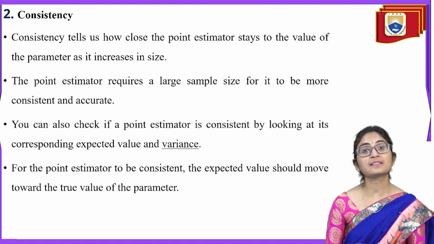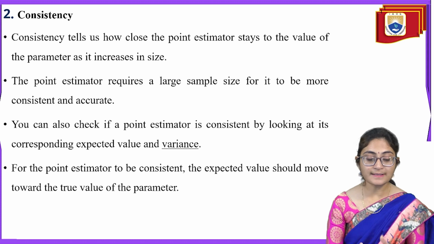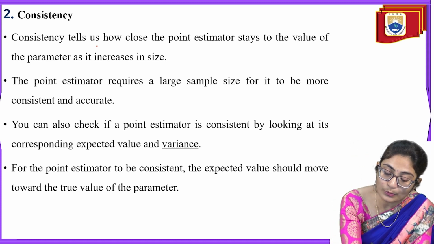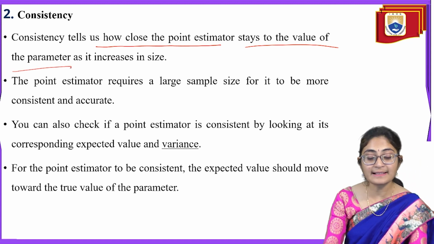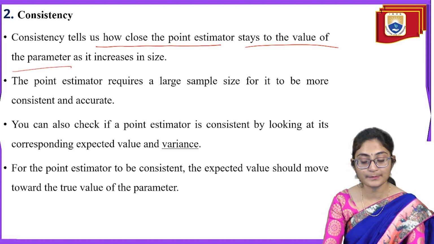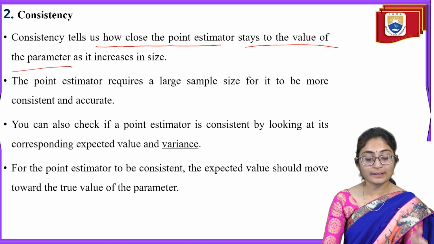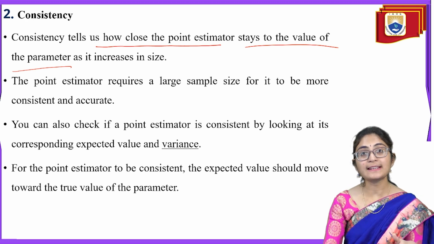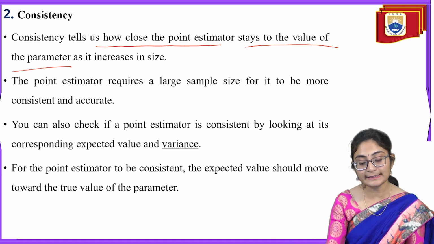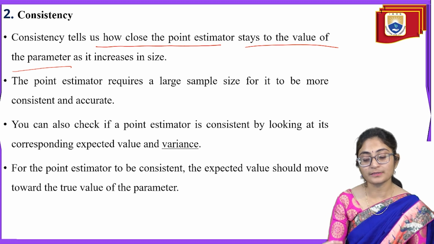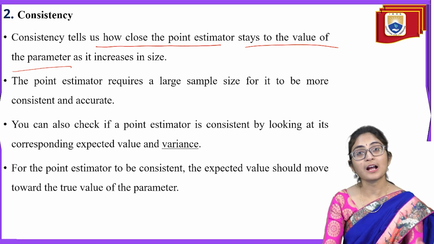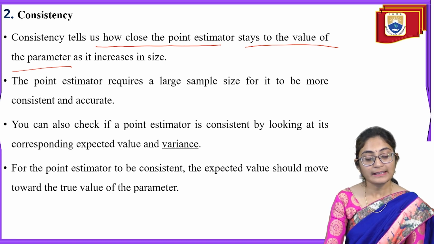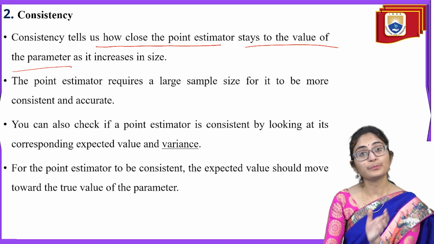The second one is consistency. Consistency tells us how close the point estimate stays to the value of the parameter as the sample size increases. That is, as the size increases, how close the point estimator is to the value of the parameter.